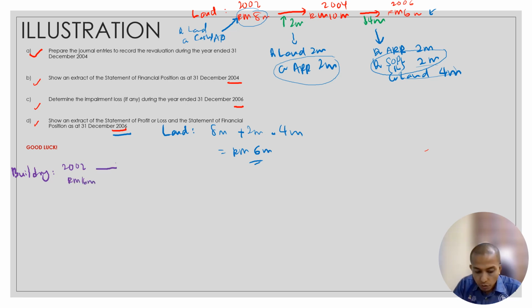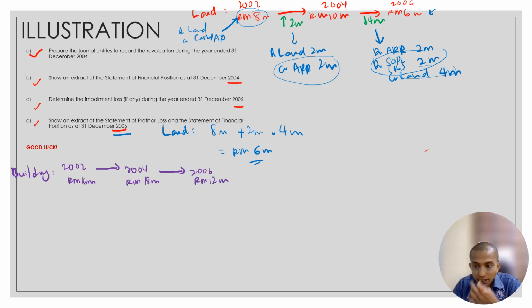So go to 2004, it becomes RM 18 million. Then go to 2006, it becomes RM 12 million.